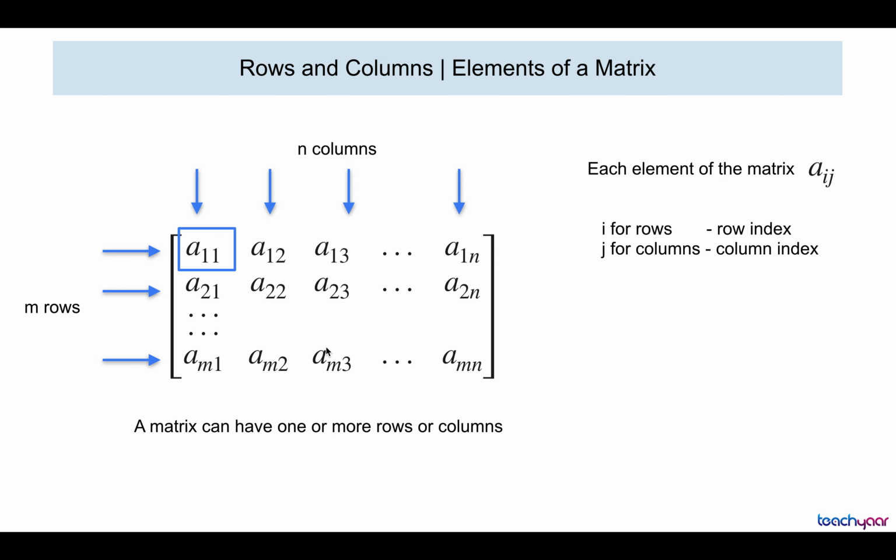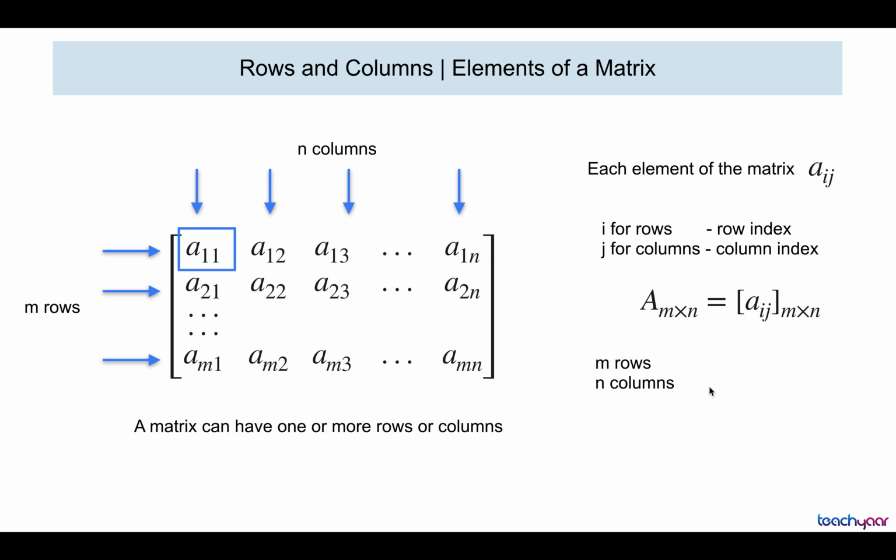So now you can write this large matrix in a simple fashion. You can write it as A m cross n, which means it's got m rows and n columns, and we'll go into this a little more in detail later. It can be written as square brackets Aij, which, as we have already seen, are the elements of the matrix, m cross n. And you already know m and n are the rows and columns of the matrix.